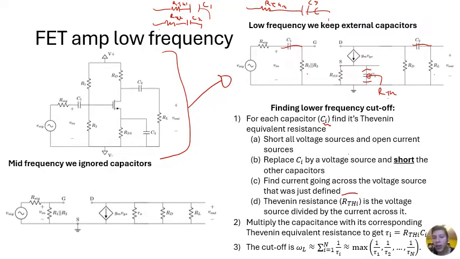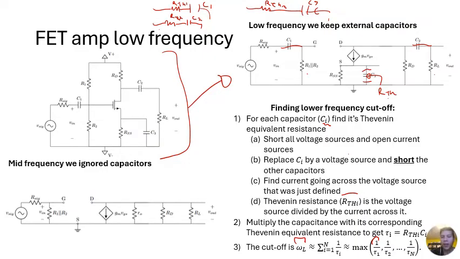And what we're going to say is that omega low is 1 over the maximum of each of these individual time constants. What we're really looking for is which one is at the highest end, the highest frequency at which one of these particular capacitors cannot be treated as a short.